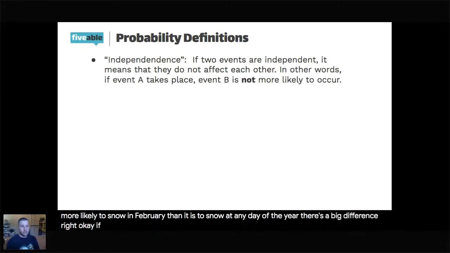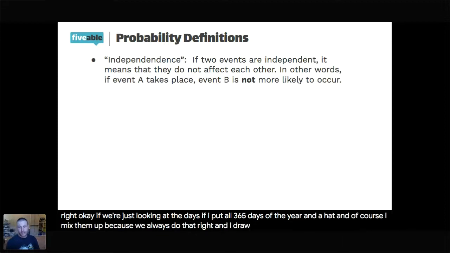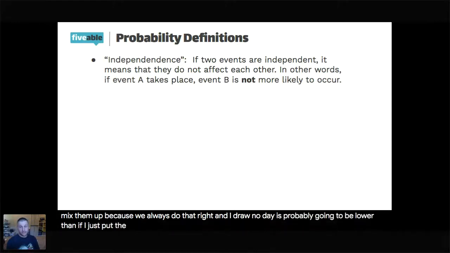Okay, if I put all 365 days of the year in a hat, and of course I mix them up because we always do that, right? And I draw one out, the probability of picking a snow day is probably going to be lower than if I just put the 31 days in December into a hat and drew out one of those 31 pieces.